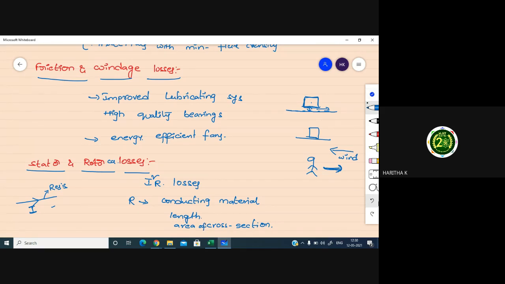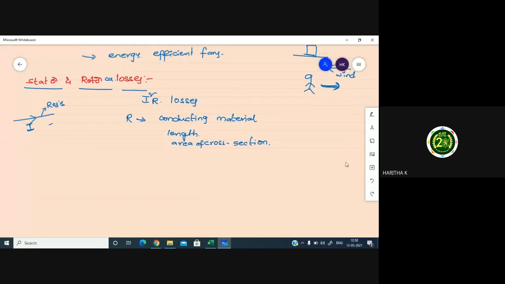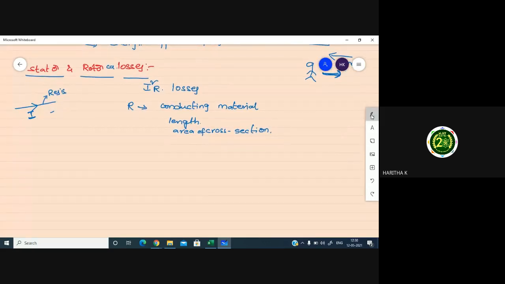So suitable selection of copper conductor size will reduce the copper loss, or will reduce the resistance, thereby it reduces the I square R losses. You have to select a suitable copper conductor. The size of the conductor you have to choose.